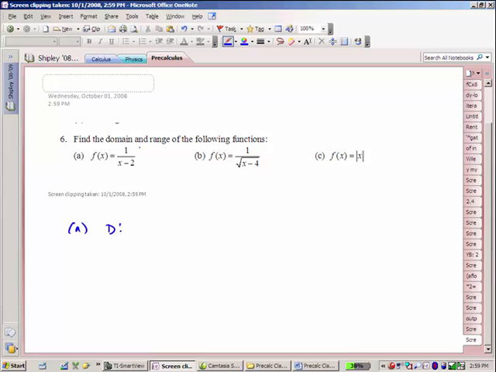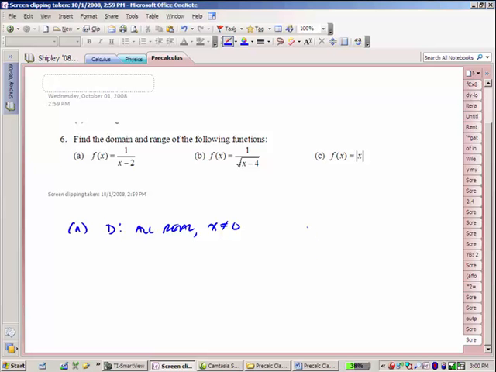No, definitely not. 2. Yeah, without a doubt. What happens when we try plugging 2 in? Equals 0. Yeah, the denominator is 0 and that's a problem. So we would say, for this, the domain is all real numbers except x can't equal 2.